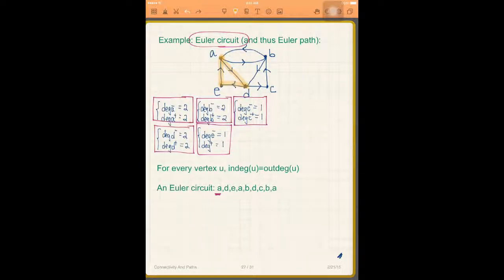And now I'm at A. So from A, I can go over to B. And then from B, I can go over to D. And then D to C. And then C to B. So that takes care of that triangle. And then all that's left, now I'm at B, I can come all the way over to A.